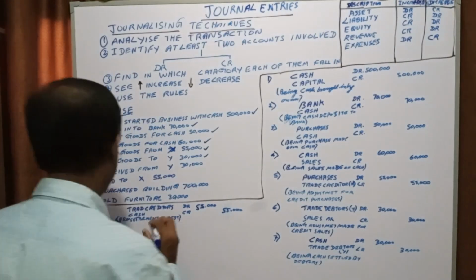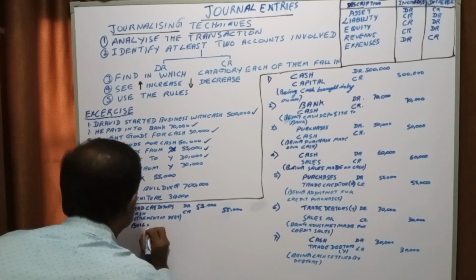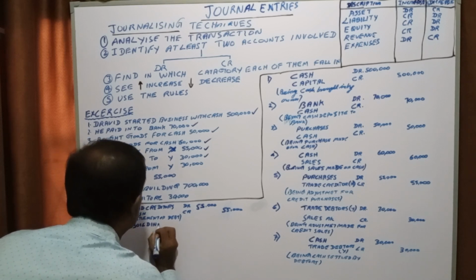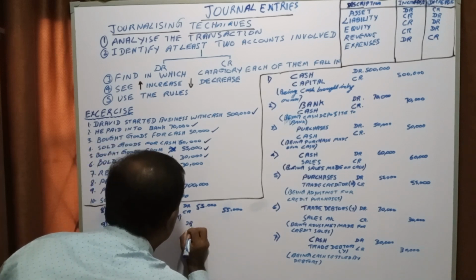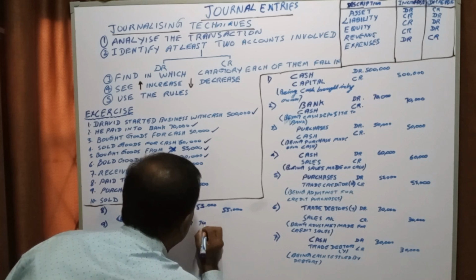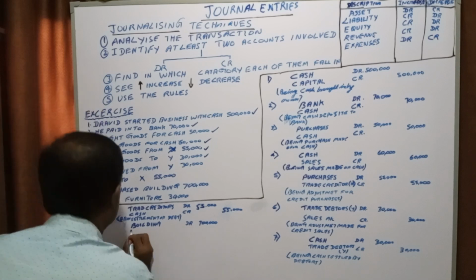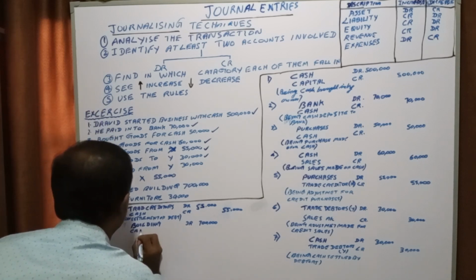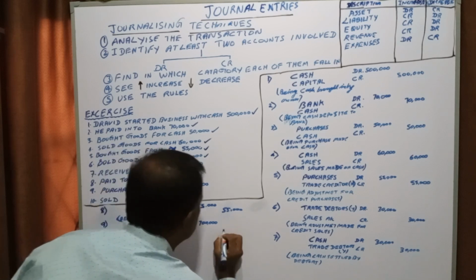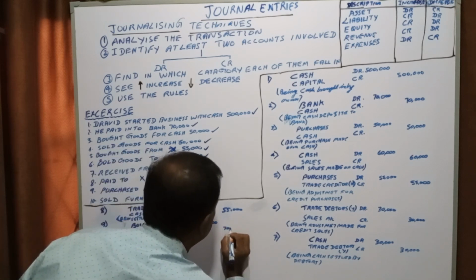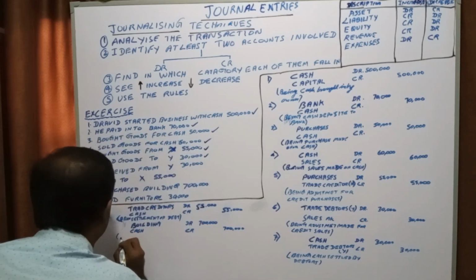Building account debit 700,000, and cash account credit 700,000, being purchase of building.